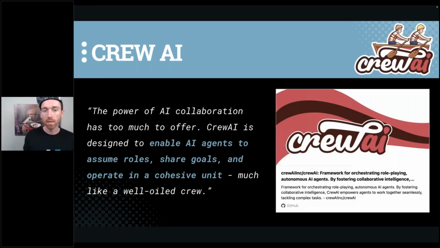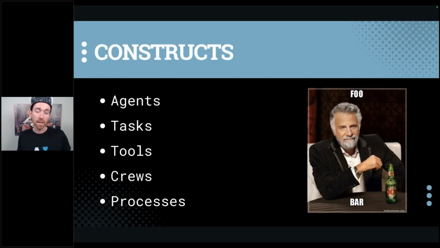Let's look at another one real quick. Crew. Crew just got some funding. Congratulations, Crew AI. They're all about building crews, multi-agent crews. And the crews that they built are made up of, unsurprisingly, agents, tasks, and tools.